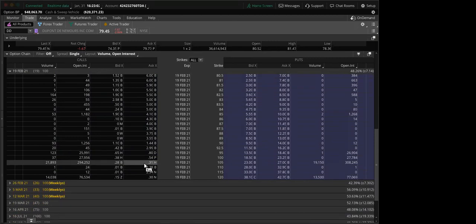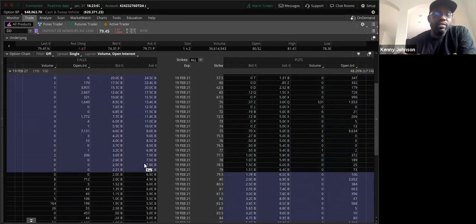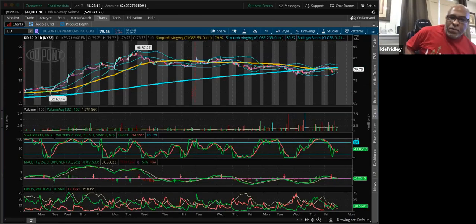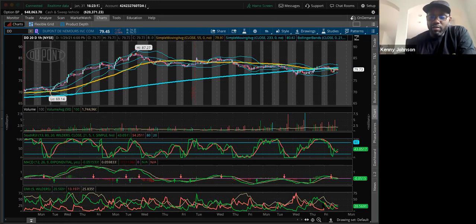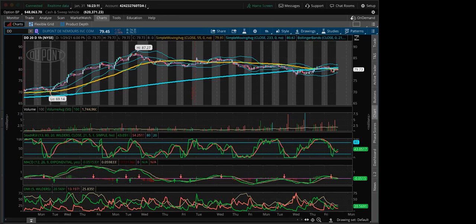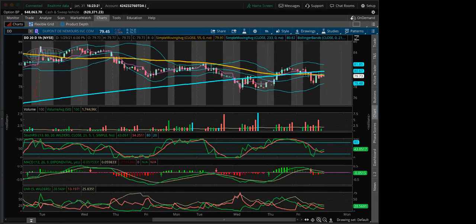What was their movement all last week? Well, let's look at the chart. That's the easiest thing to look at. How far back do you want to go? Just do the month.